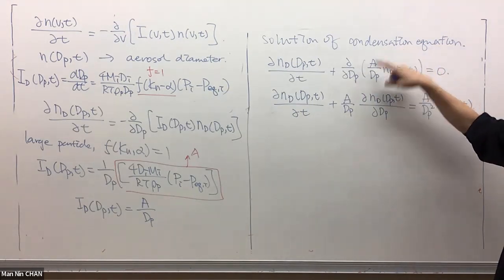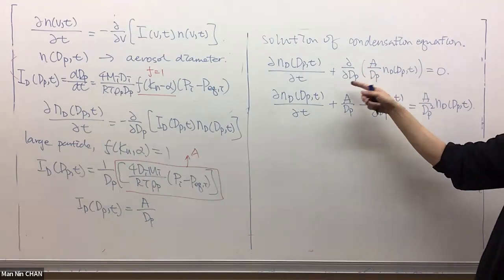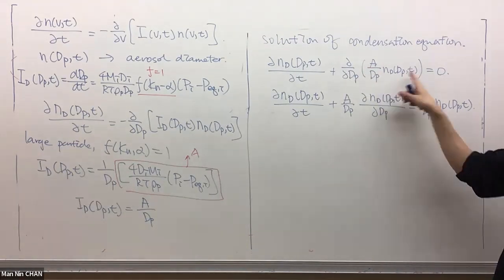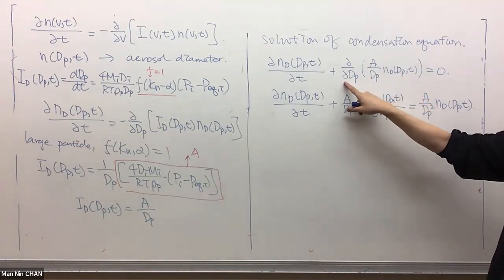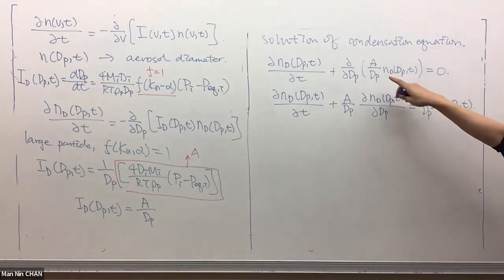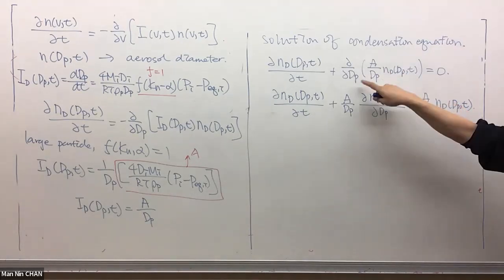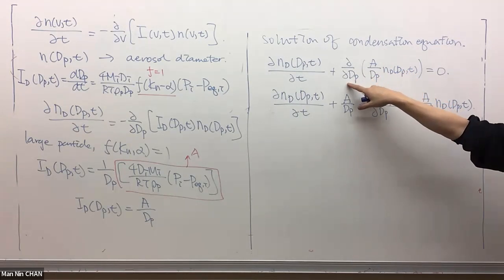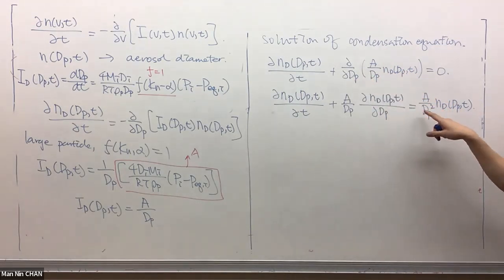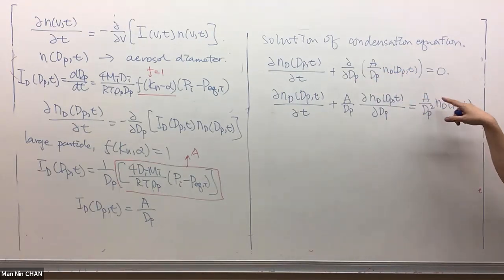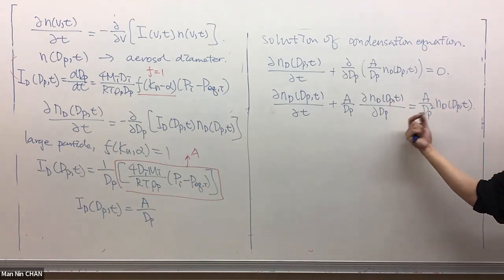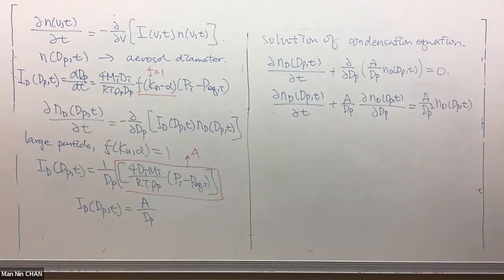First, I take the A over dp outside and then take the derivative of your aerosol size distribution with respect to dp. And then I also take this constant A, and I take the derivative of A over dp by this dp here, which will be minus A over dp squared. So I put the minus on the right-hand side and it becomes positive here. So basically, this is a PDE.